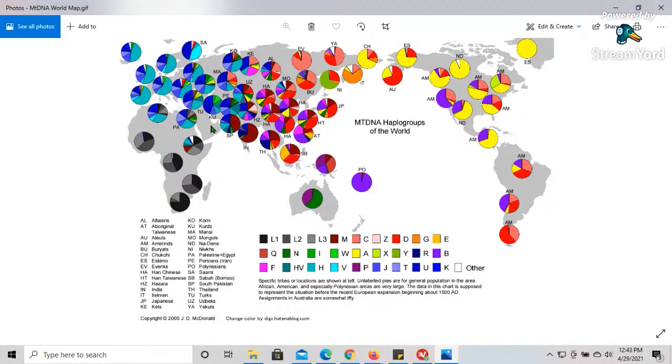So it's more than three quarters Semitic mitochondrial DNA in Egypt. Somebody's got to explain this to me. And of course, you can see the blue well into Asia here as well, halfway through Asia. So there's something going on here that somebody's not explaining to me very well.